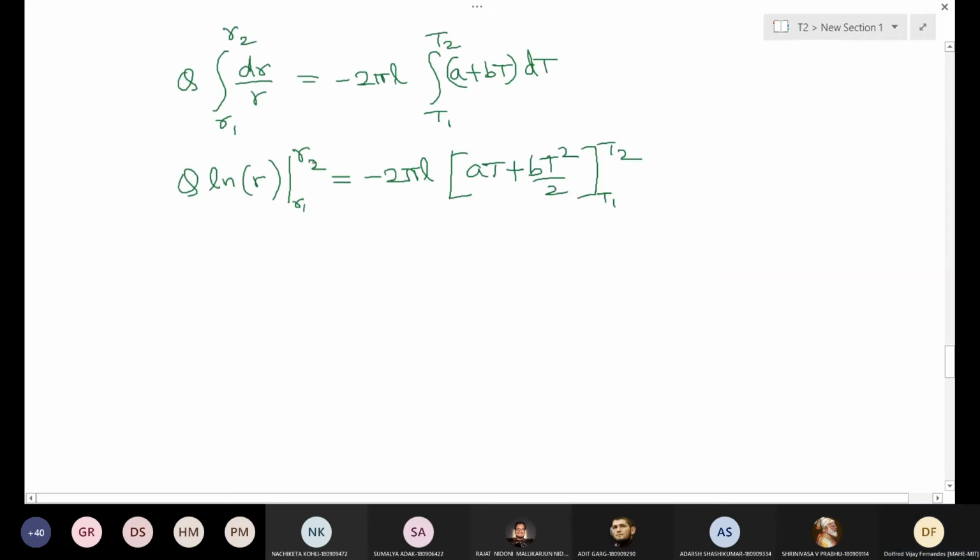What you get is Q ln R2 by R1. On the right hand side, we have minus sign, so I can apply T1 first and then T2. So 2 pi L, A into T1 minus T2, then B by 2 into T1 squared minus T2 squared.